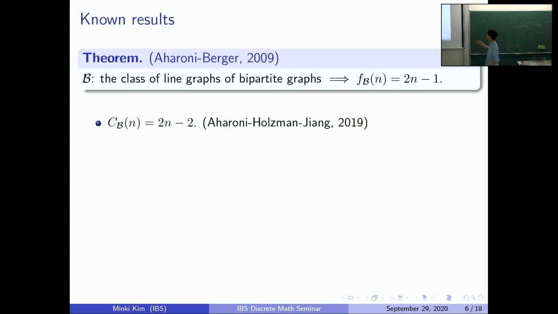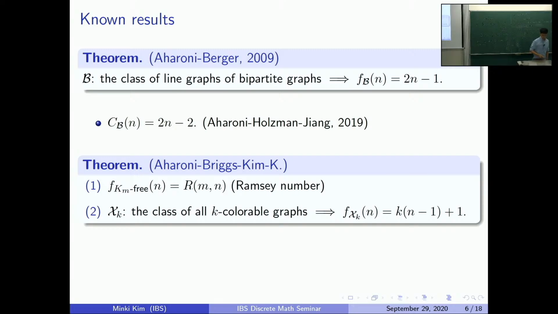They proved a more general result for fractional matchings, and this is a special case of it, since matchings and fractional matchings have the same size in bipartite graphs.